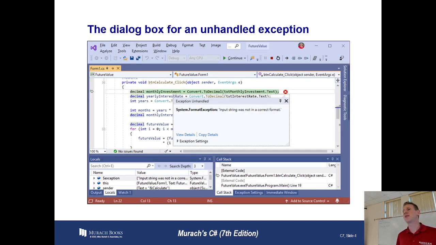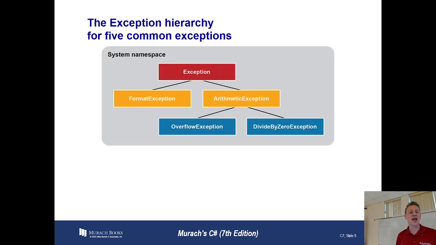But the point that's worth making here is that this is one kind of exception. There are many kinds of exceptions. And because this is an object-oriented approach, you could see an exception hierarchy.